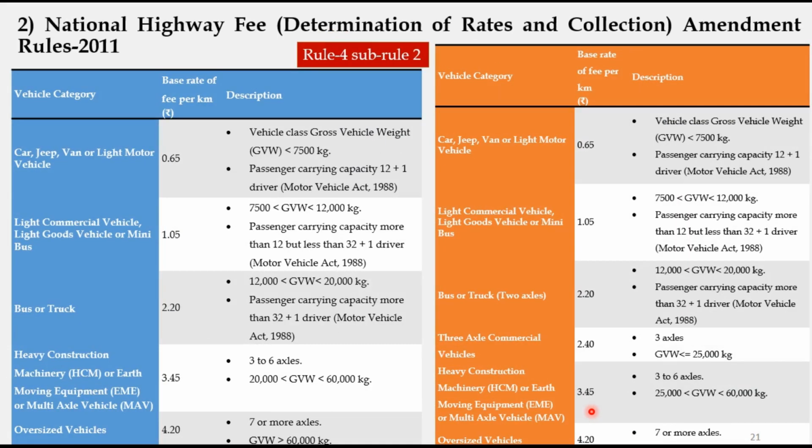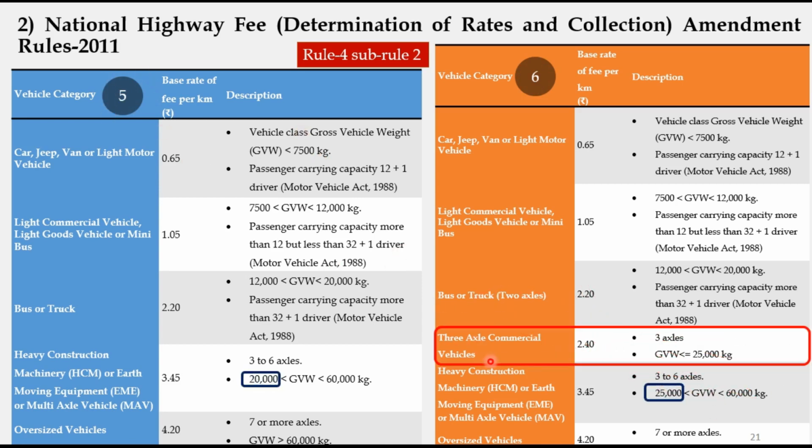Rule 4, Sub Rule 2 was further revised in 2011, and here the only difference is that a new category was added in the vehicle classification. Earlier there were 5 categories and now there are 6 categories, and this category, 3 axle commercial vehicle, was added, having 3 axles and gross vehicle weight of 25 tons or less.